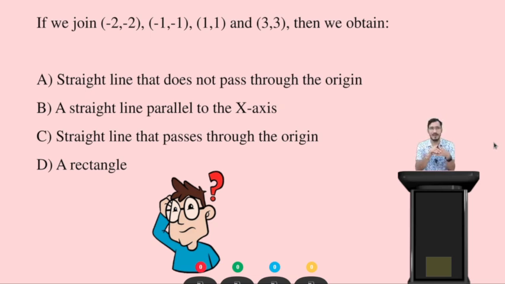And option D, a rectangle. Which option is correct here? I am giving you 40 seconds.